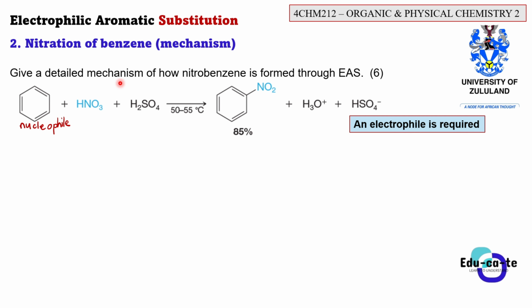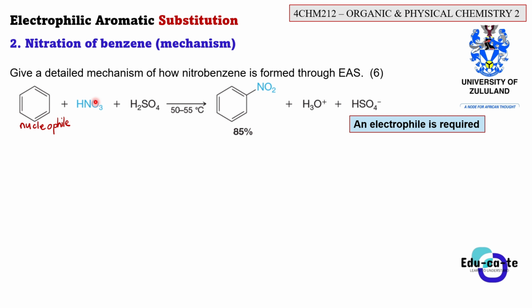So how do we end up having a nucleophile and an electrophile? In this case, we do have the nucleophile, the benzene ring, but we don't really have an electrophile here. And by the way, we want to put a nitro group, the NO2 group, but the reagent that we are using is HNO3.